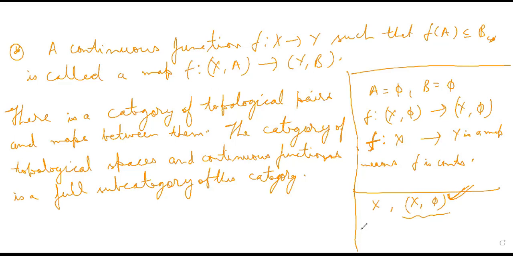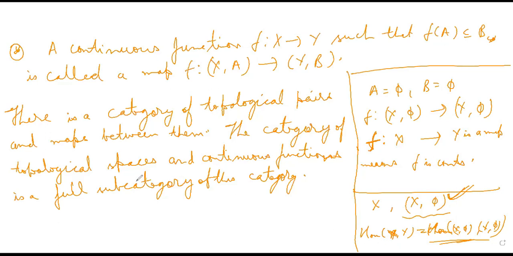And of course, Hom(X, Y) is nothing but Hom((X, empty), (Y, empty)). This is the morphism set from the object (X, empty) to (Y, empty).